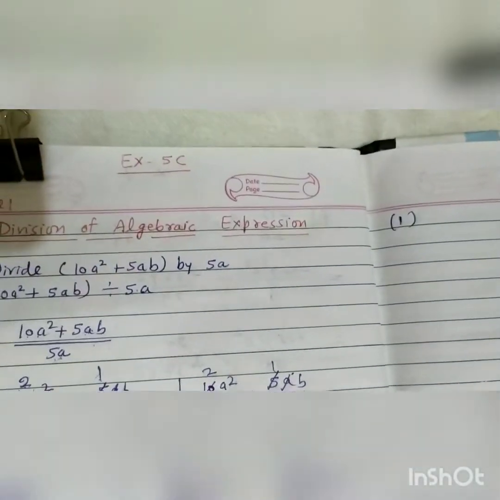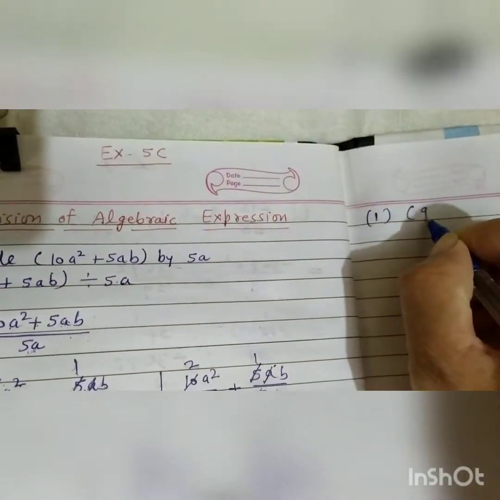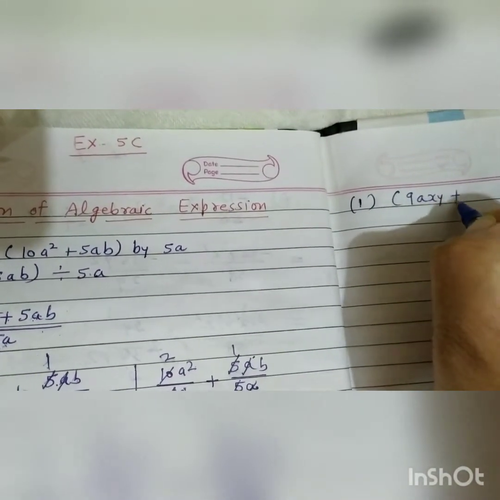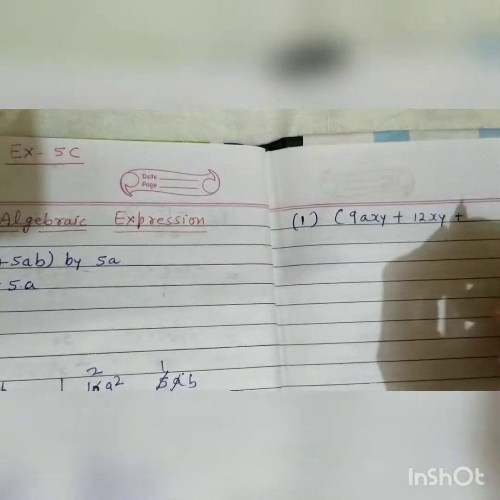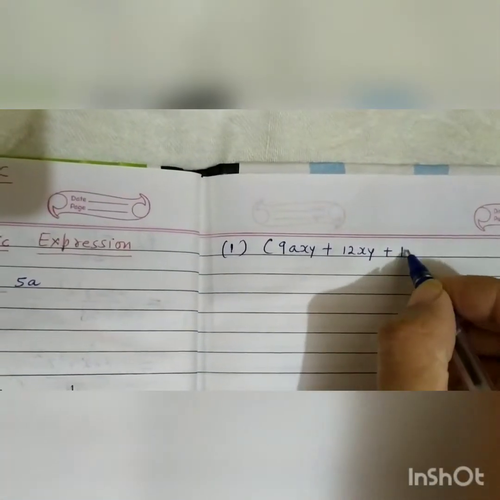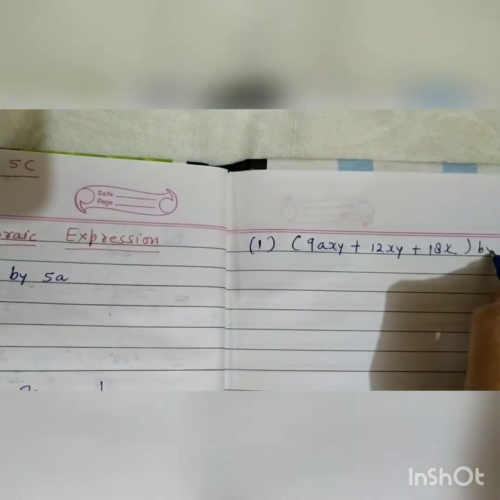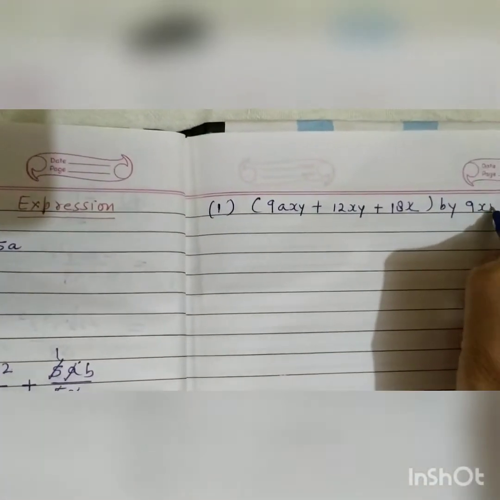In this part I, the question is 9axy plus 12xy plus 18x divided by 9xy.